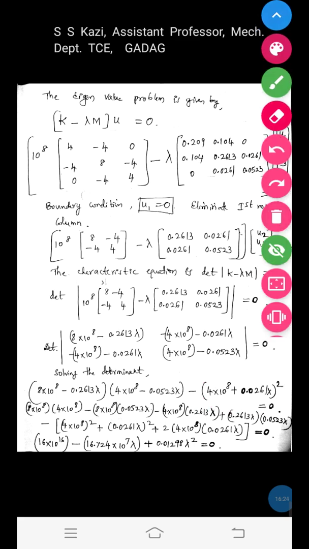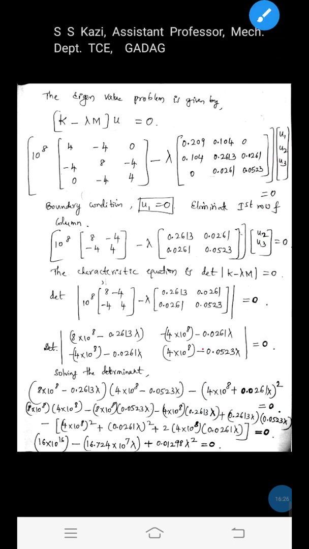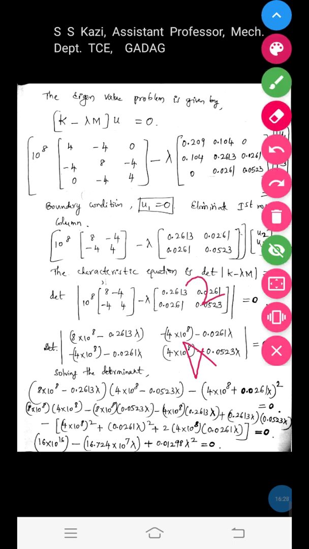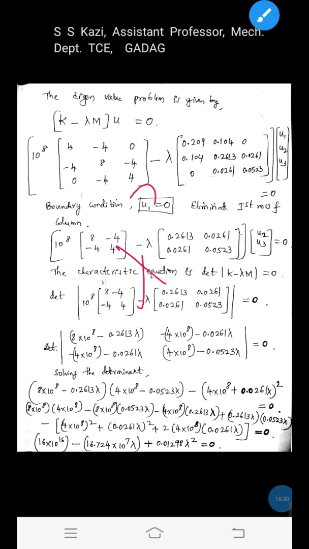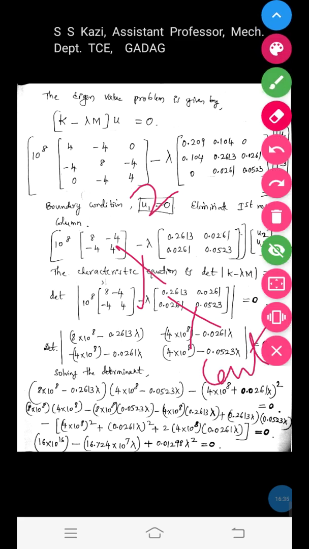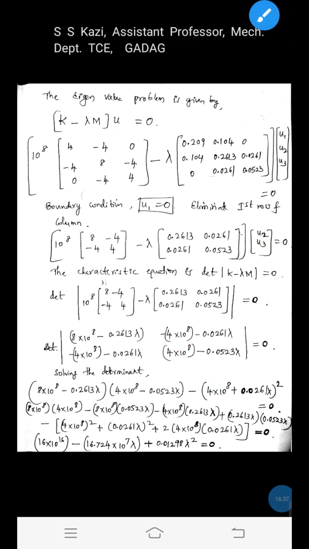After that, separating the terms, taking the common terms of lambda square, lambda and the constant, we will get the quadratic equation like this: 0.01298 lambda square minus 16.724 into 10 raised to 7 lambda plus 16 into 10 raised to 16 is equal to 0.